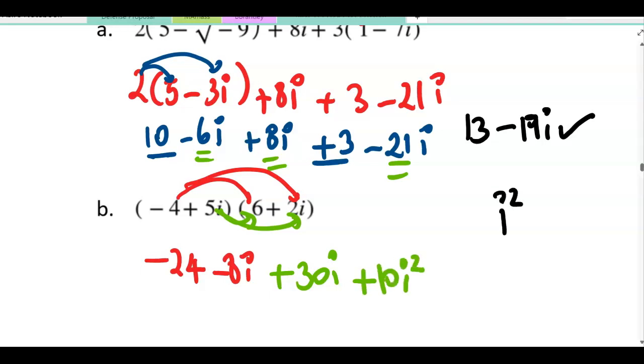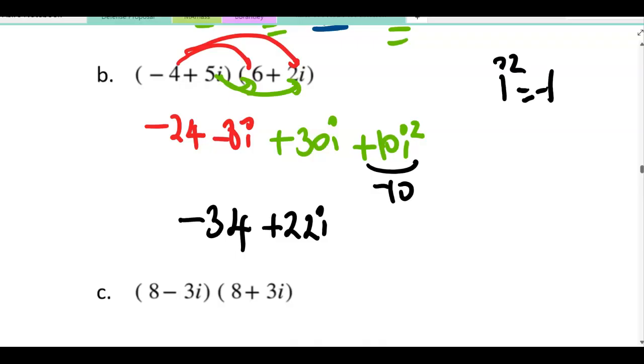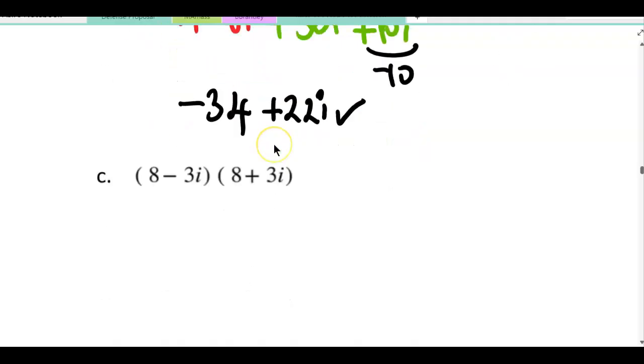Just remember that i squared equals negative 1, so that will be negative 10, and that will be negative 24 there, so that will be negative 34, and 30 minus negative 8 will be 22i. Okay, that will be the simplified form.